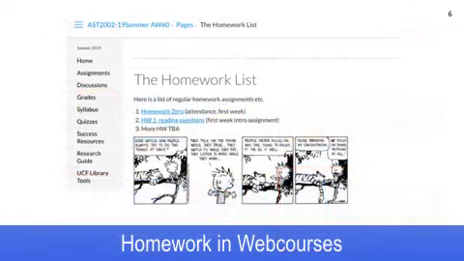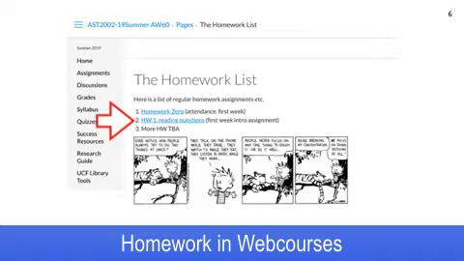Let's talk about homework. In web courses, there's a homework list page. Here's what it looks like right now. You've got homework 0 set up, and that's your attendance quiz, so that's just a sample question. But the first substantive assignment on astronomy is homework 1, as I've already mentioned.